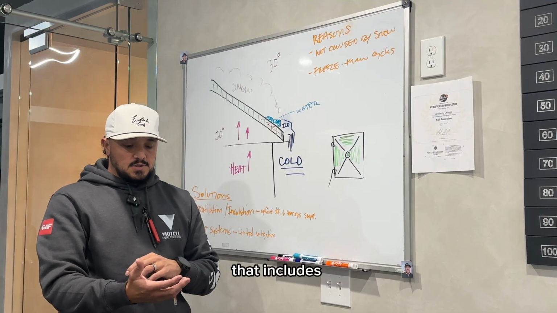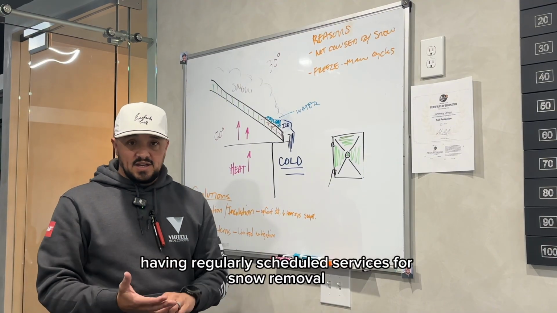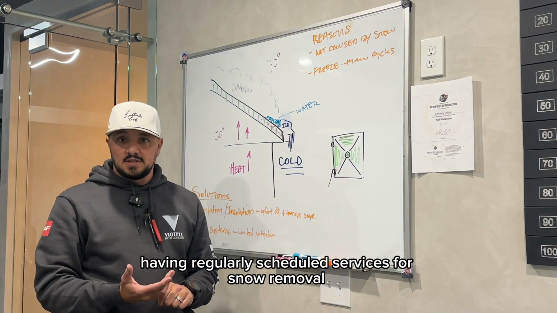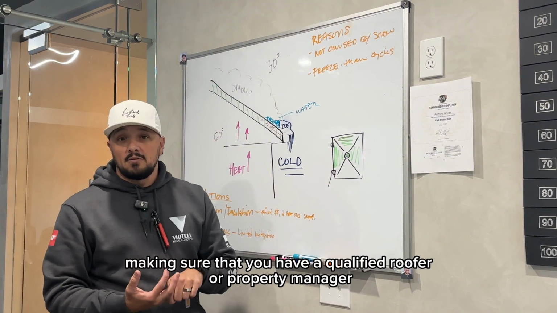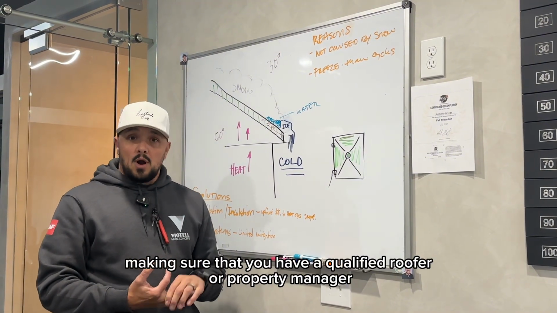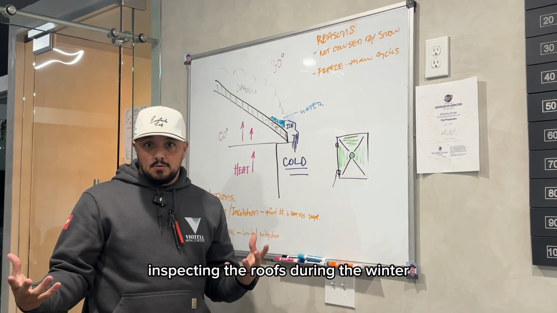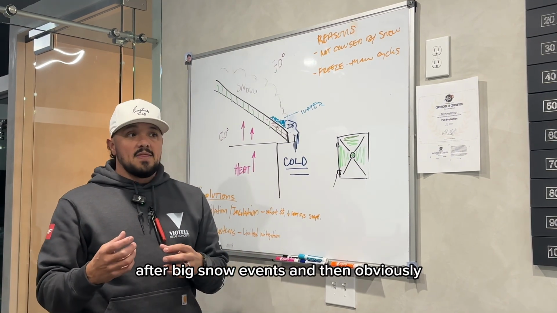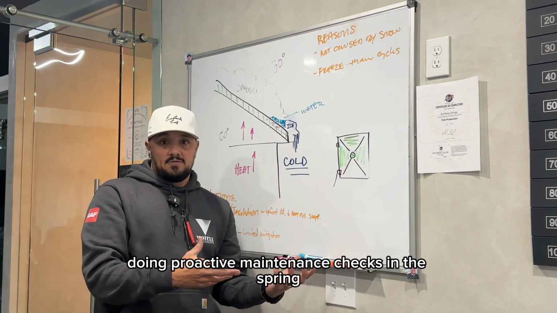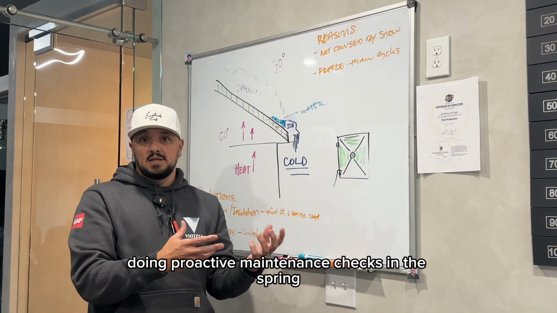That includes having regularly scheduled services for snow removal, making sure that you have a qualified roofer or property manager inspecting the roofs during the winter, after big snow events, and then obviously doing proactive maintenance checks in the spring.